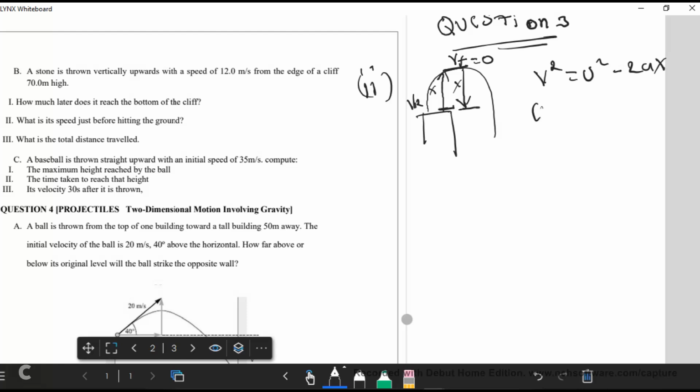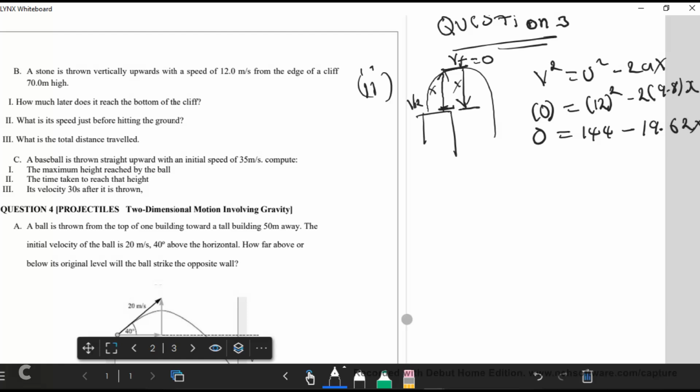Then 0 is equal to 12 squared minus 2 times 9.8 times x. We're calculating the displacement that it moved from here up to the final point. So 0 is equal to 144 minus 2 times 9.81, which gives 19.62x.